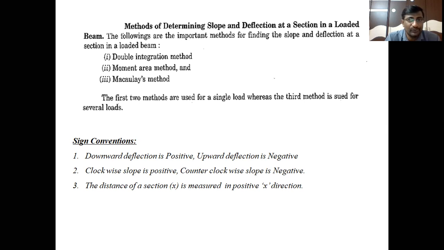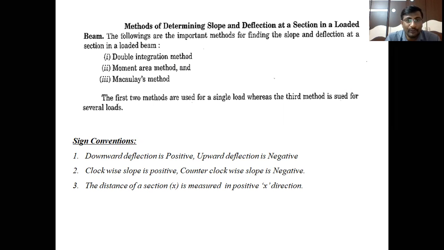Generally, these basic methods are used from the subject point of view to determine the slope and deflections. The first two methods are used to find the slope and deflections when only one single load is acting on a beam. Only if a single load acts can we use the first two methods. What are multiple loads? We have already studied this in bending stresses and shear stresses: a number of point loads, or a point load with a UDL, or point loads with a UVL, combinations of loads. When such loads are applied, we cannot solve the problem by using the first two methods.